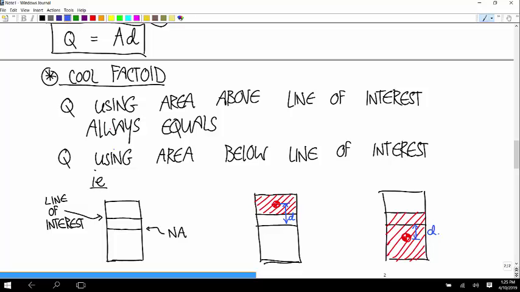Somebody prove that. You have to use integrals and stuff, though, to do it. Prove it for a rectangle, though. You can all do that.